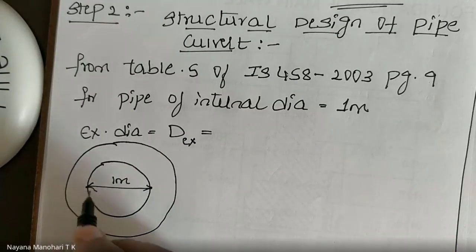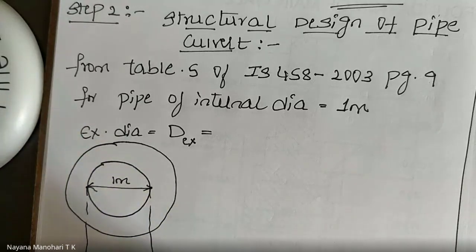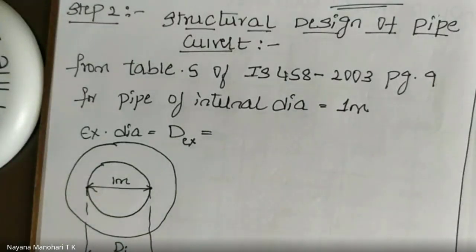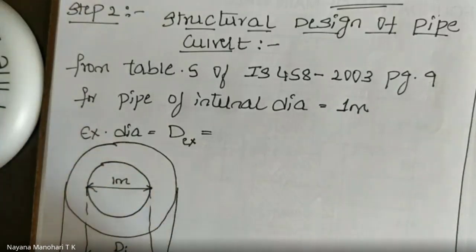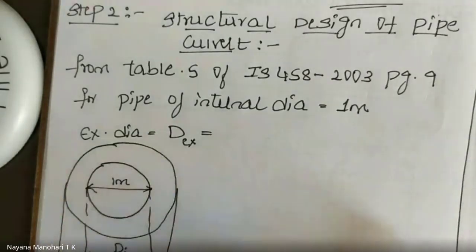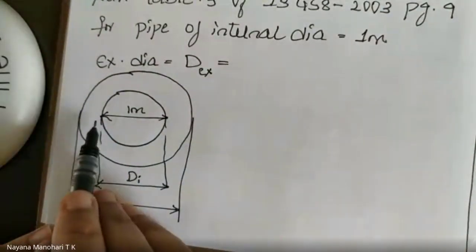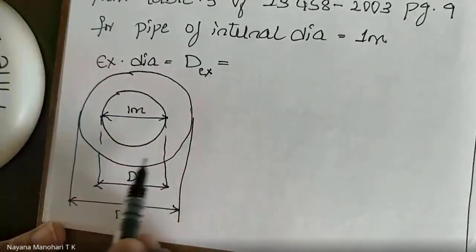This is your internal diameter, it is denoted by D. External diameter means, you need to calculate the external diameter, that is the DX value. Internal diameter, you have assumed as 1 meter. This is the cross section of the pipe culvert.